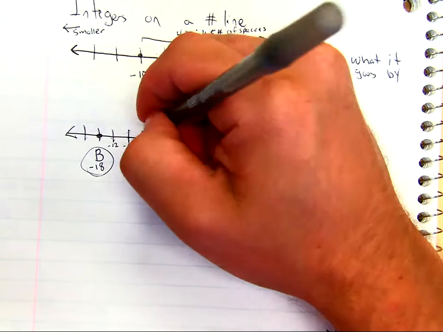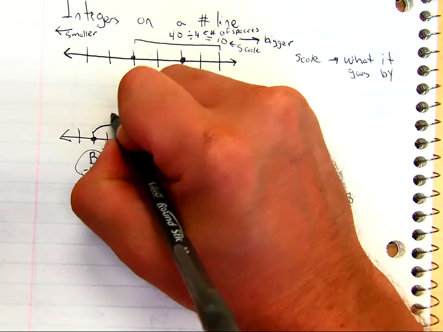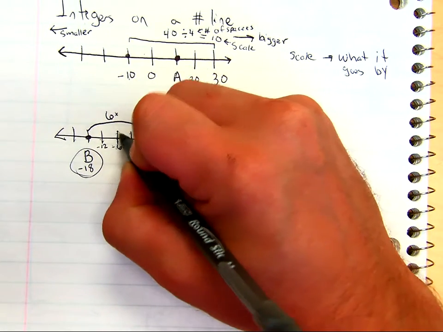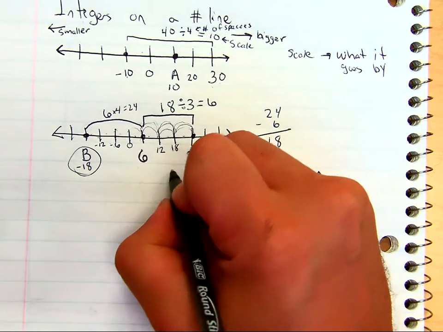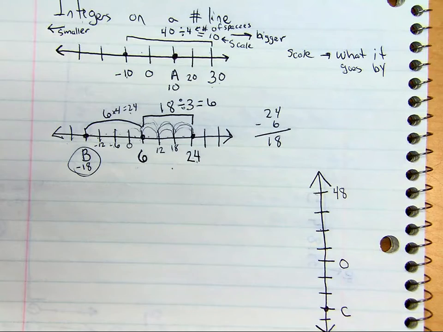A different way I could look at it is that is 6 for each space times 1, 2, 3, 4. Means it's going to change by 24. So I could do, if I have 6 minus 24 would be a -18.